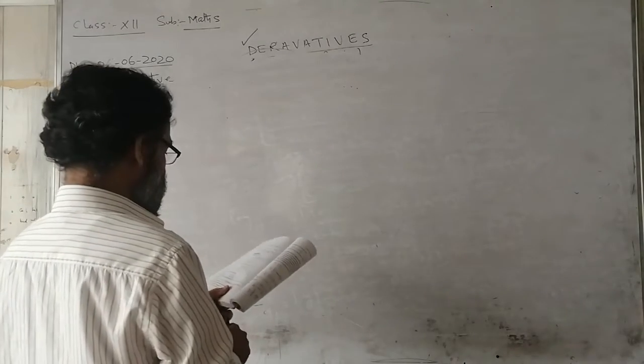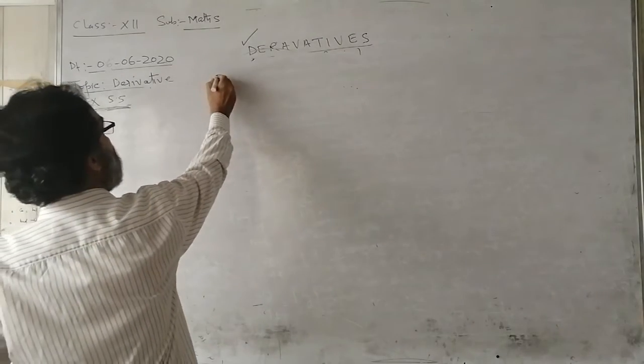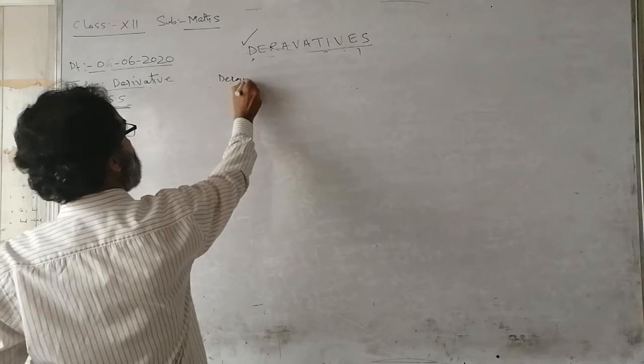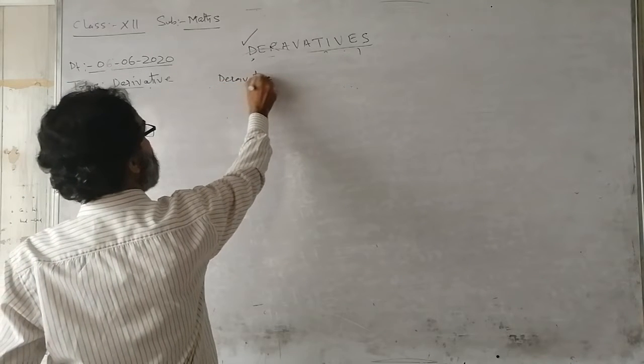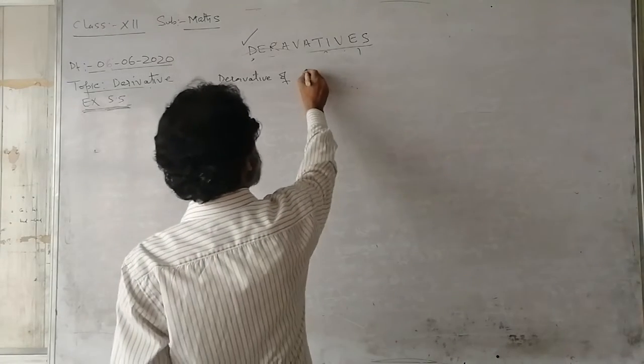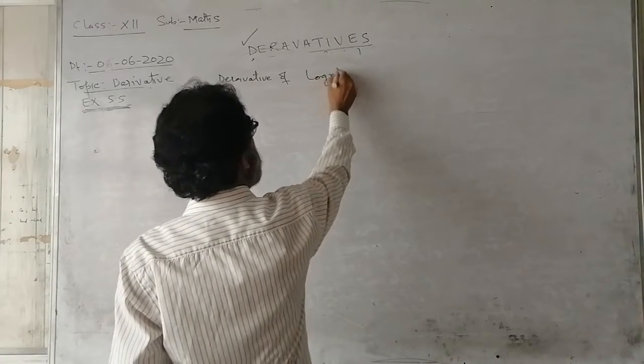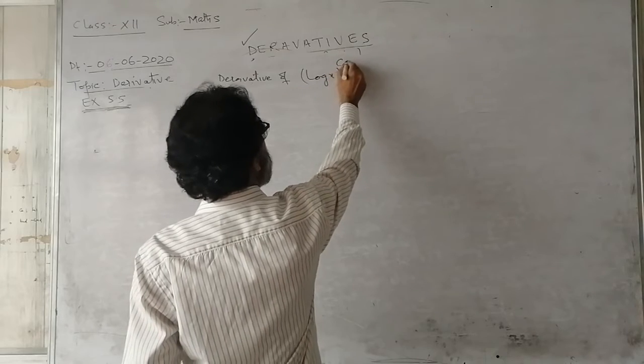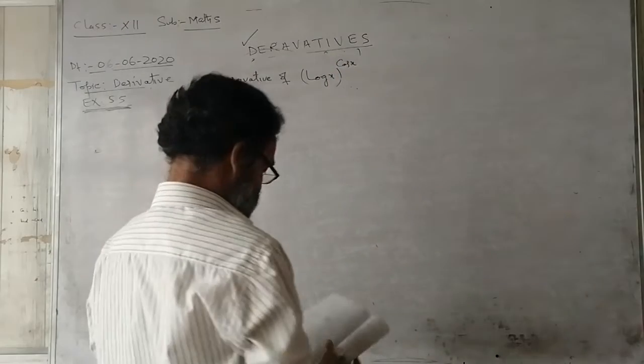So the next question is: find the derivative of the function log x whole raised to power cos of x.